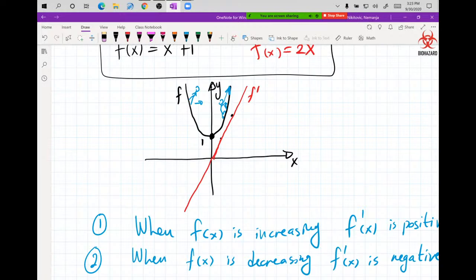So now we are learning this connection between the function and the derivative, where if the function is increasing, the derivative is positive. If the function is decreasing, the derivative is negative. This is going to hold for all functions and their derivative pairs. All of them, including the ones you haven't learned. For instance, you haven't learned hyperbolic functions yet.